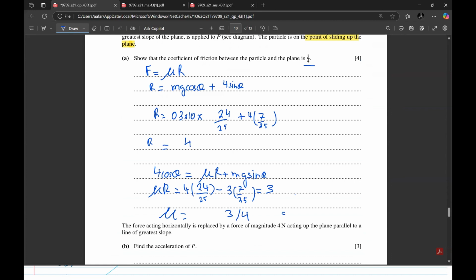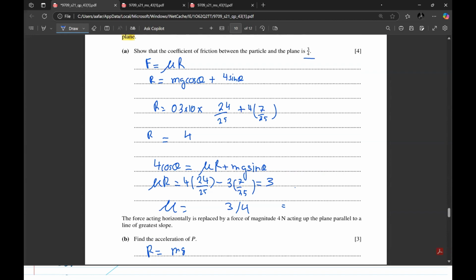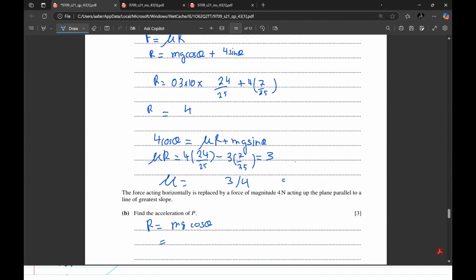R will be just mg cos theta, which is 24 over 25, times 3, 2.88.